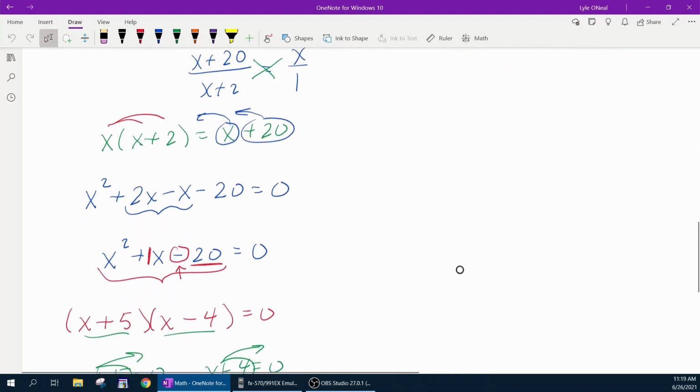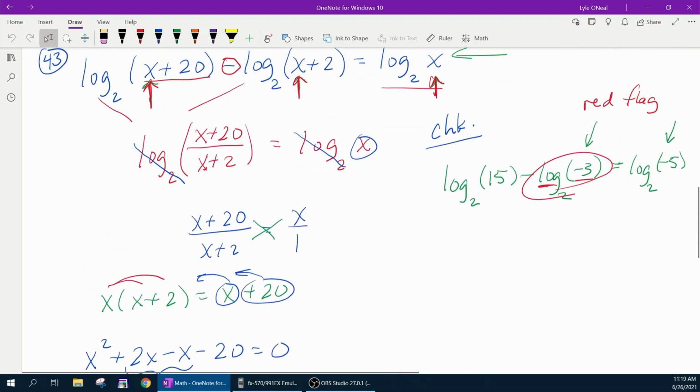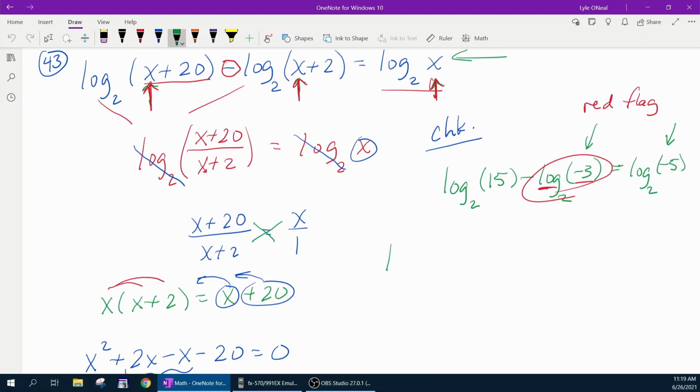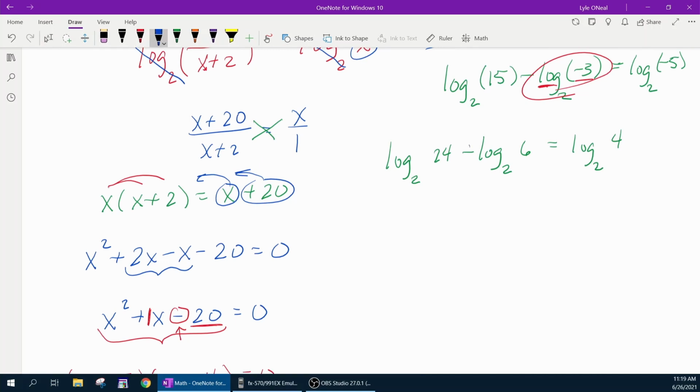So checking the +4, plugging it back into the original equation, that's going to give us log base 2 of 4 plus 20 is 24, minus log base 2 of 4 plus 2 is 6, equals log base 2 of 4. Remember, we're plugging 4 into every x in the original equation, and then we're going to use our quotient rule to simplify.